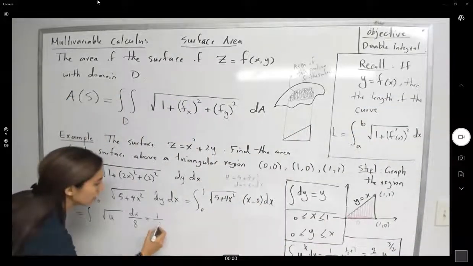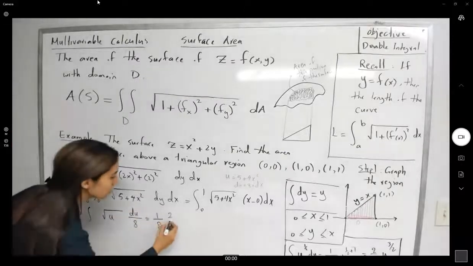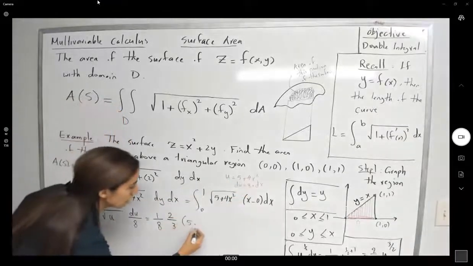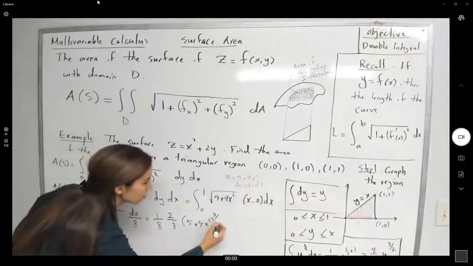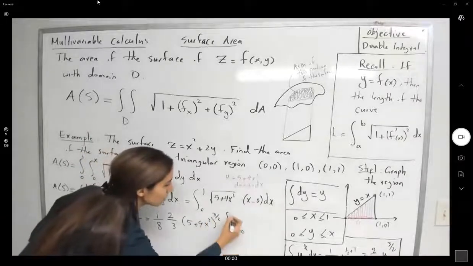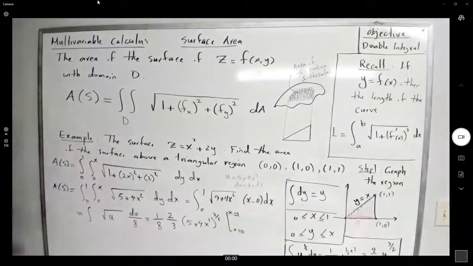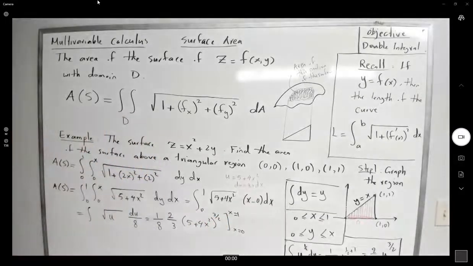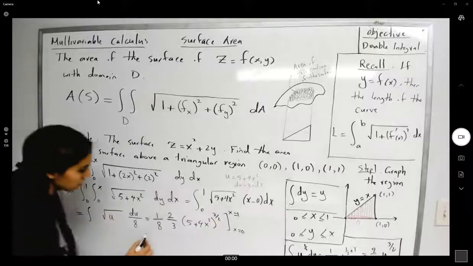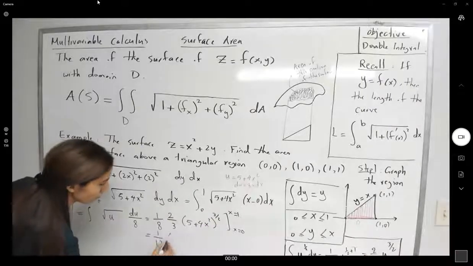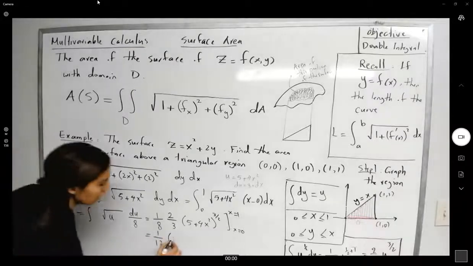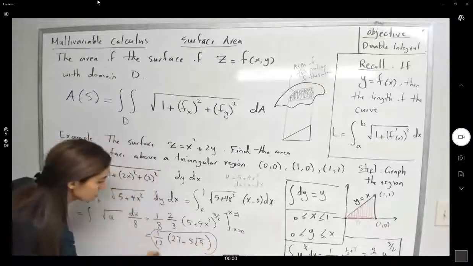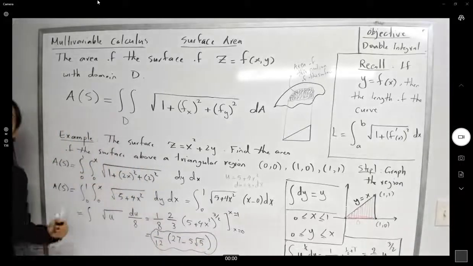So I have 1 over 8, and then 2/3, and u is 5 plus 4x squared, raised to 3/2, with x bounded between 0 and 1. Now we just need to substitute. After substitution, we're going to get 1/12, and then 27 minus 5 square root of 5. You can use a calculator to get an approximation.